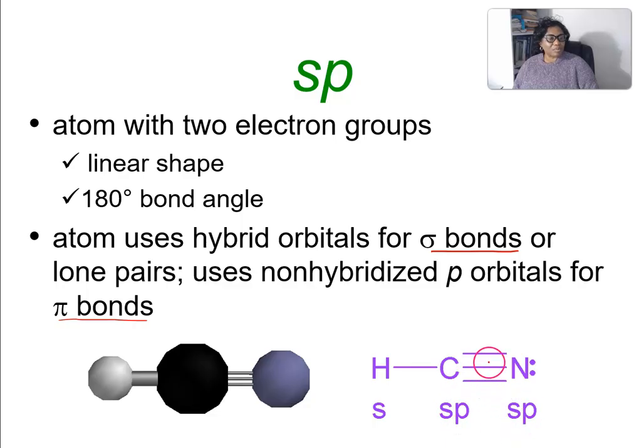Of all these bonds, one is a sigma and the other ones are pi, because these orbitals are unhybridized. This is a sigma, this is a pi, this is a pi, because they interact with the unhybridized orbitals of carbon and nitrogen. That's why we have the sp.